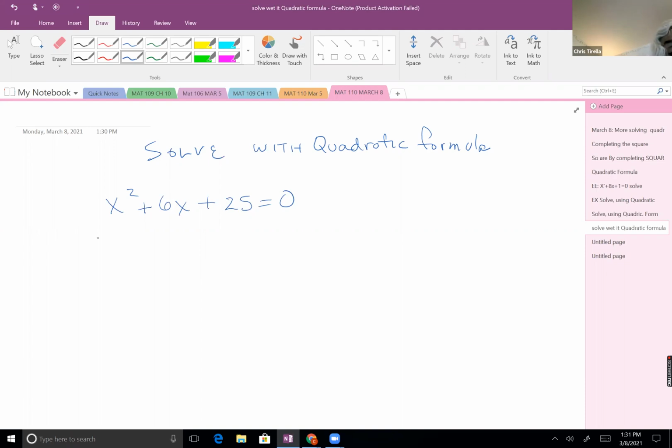Here we're already in standard form. If I look at ax squared plus bx plus c equals 0, we get a is 1, b is 6, c is 25.